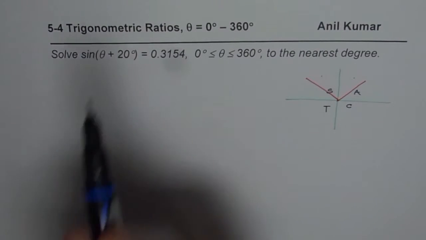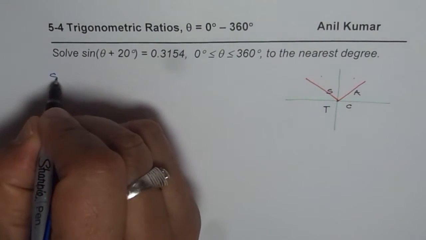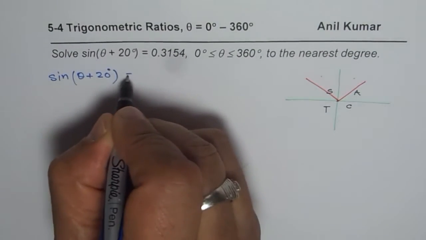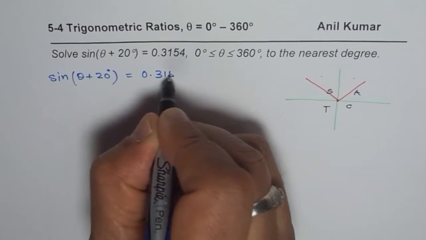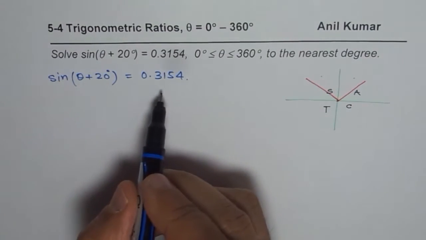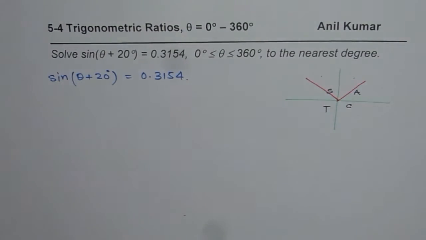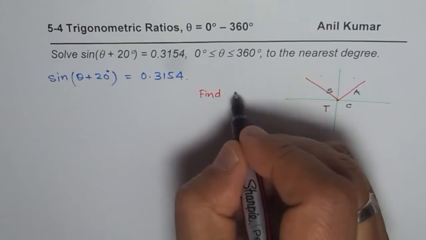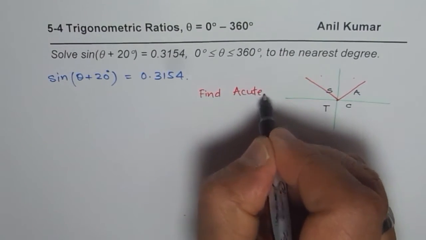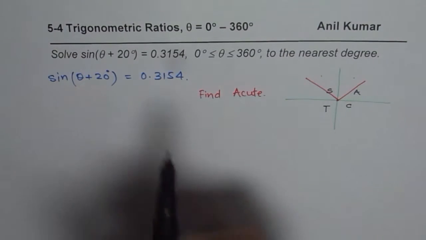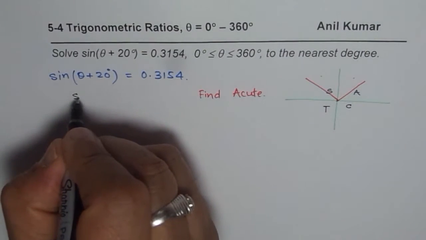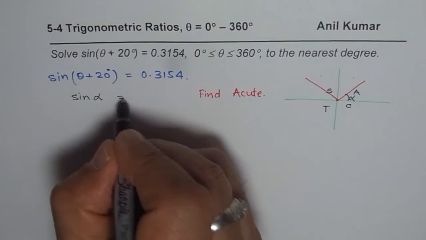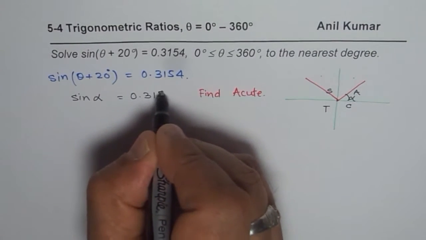So let's begin by writing the question, which is sine of theta plus 20 degrees equals 0.3154. First step is to find the related acute angle. So to find the acute angle, I will rewrite this as sine alpha, the acute angle I'm calling alpha, equals 0.3154.